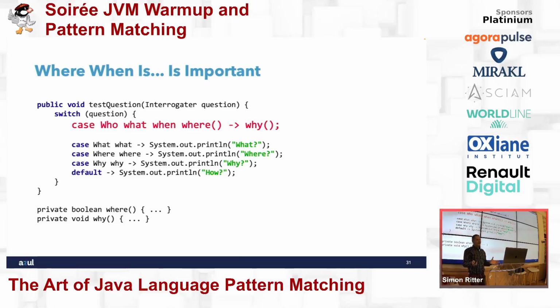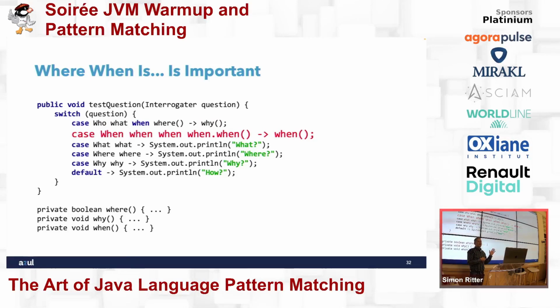And then to be really silly, we can do case When when when.when, when. And like I say, this is where things get a little bit complicated because you have to think about this and break it down. So the capital W When is the type that we're matching against, so that's our predicate. The first when with a lowercase w is the pattern variable name.